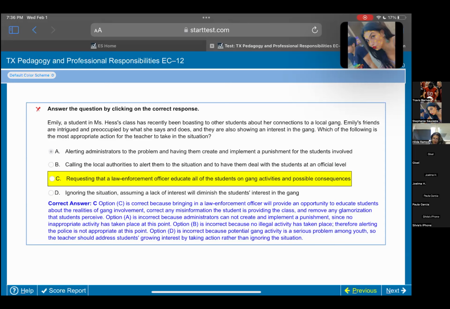C is a confrontational way of educating Emily and everybody else, with a person of power coming in, not to scare them, but really to educate them on the dangers and the fallacies, the faux family setting, and all of those consequences, to deter from the intrigue, to deter from the preoccupation.